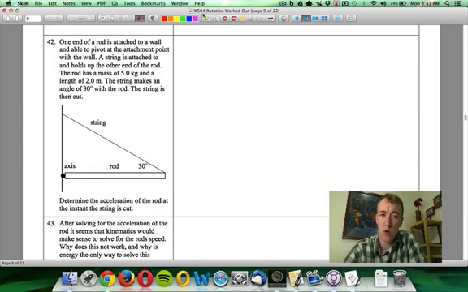So this is a net torque problem. We're going to start out and say, hey, the sum of all the torques here is equal to the moment of inertia times the angular acceleration. We know that the net torque on this rod is going to be the sum of all the perpendicular components of the forces multiplied by each of their distances from the axis of rotation.